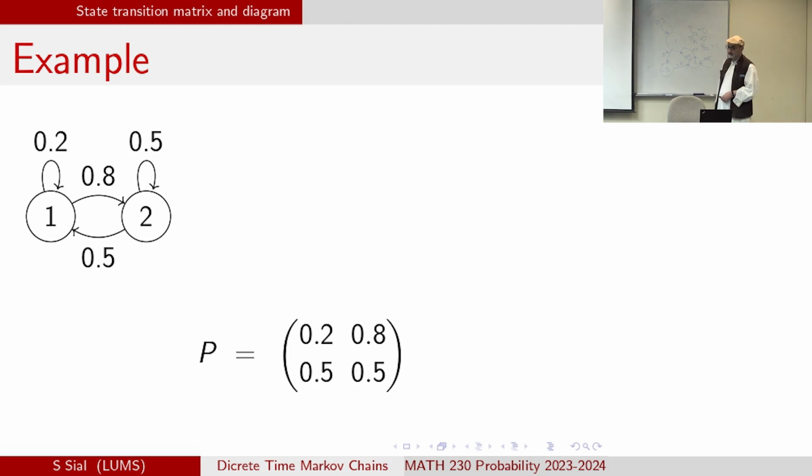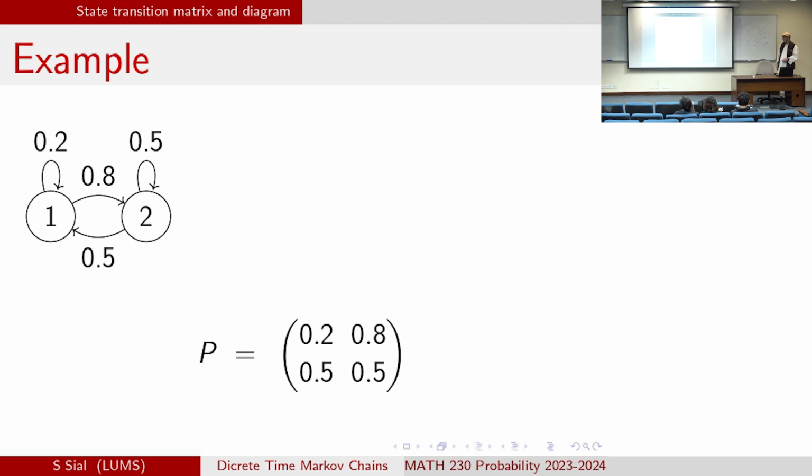Well, the matrix says the same thing. The probability of 1 to 1 is 0.2, of 1 to 2 is 0.8, of 2 to 1 is 0.5, and of 2 back to 2 is 0.5. So this diagram and this P both have the same information.